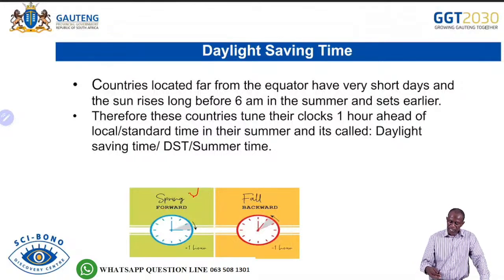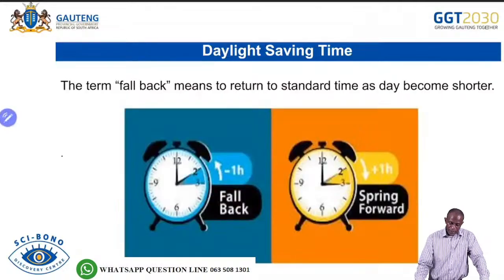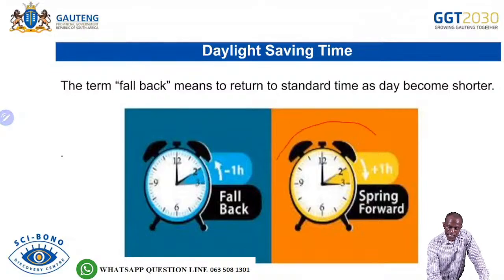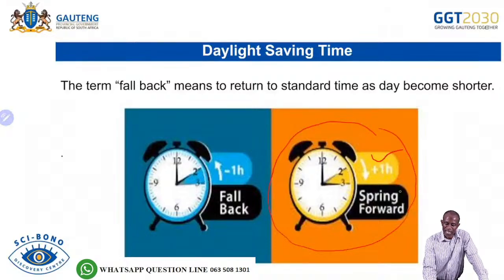So as we move further to the next slide, you will realize the same watches as expressed in the earlier slide. So here it's a demonstration of forward adjustment plus 1 hour in spring, because the days are longer than the nights.